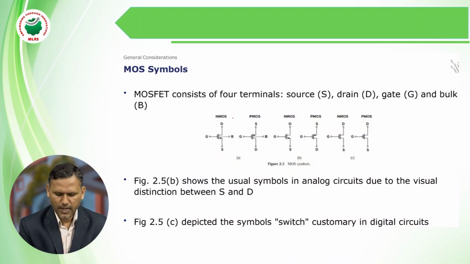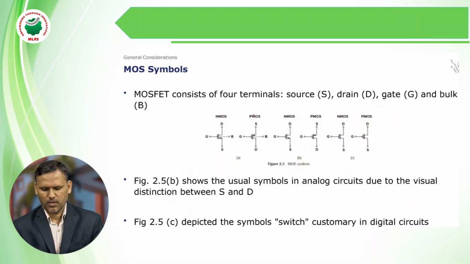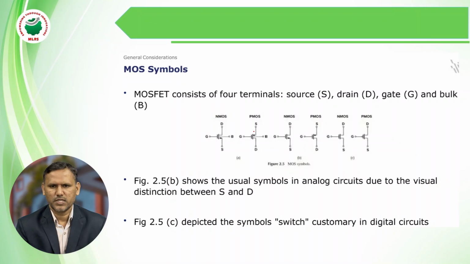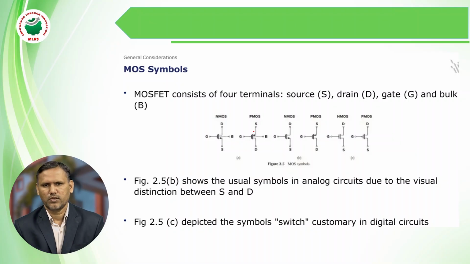Here we are representing NMOS and PMOS. In NMOS the majority charge carriers are electrons. In PMOS the majority charge carriers are holes. Based on this, these are represented as PMOS and NMOS.